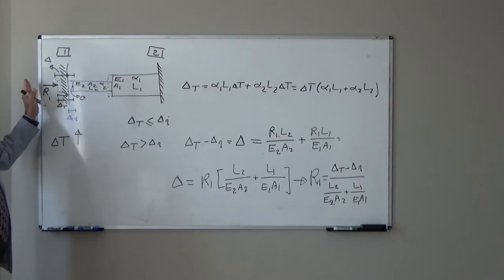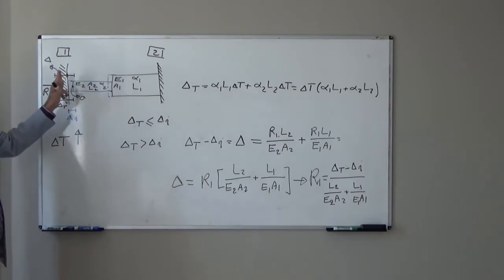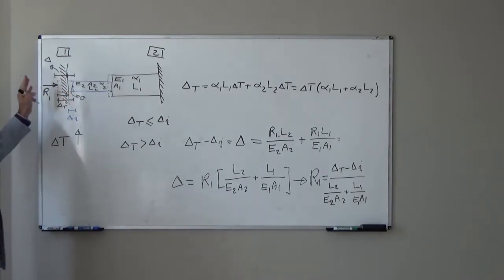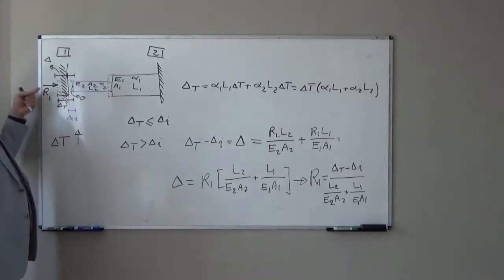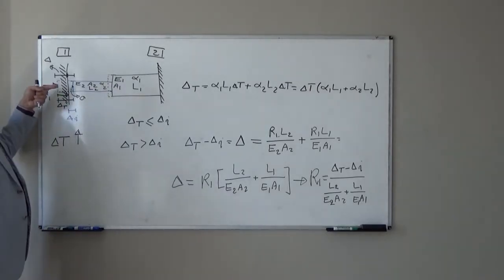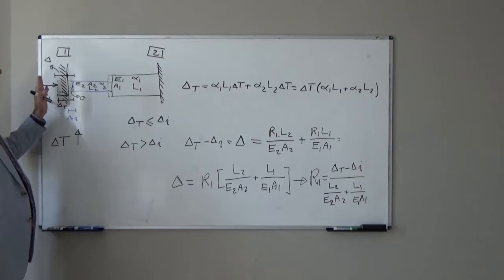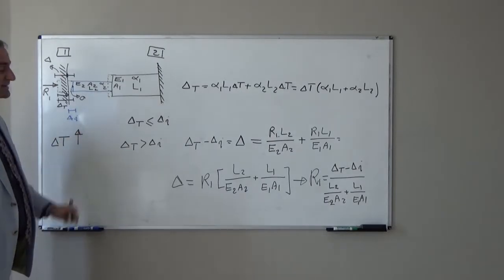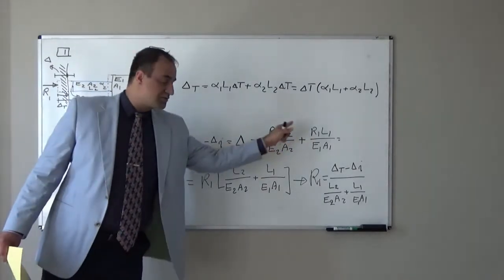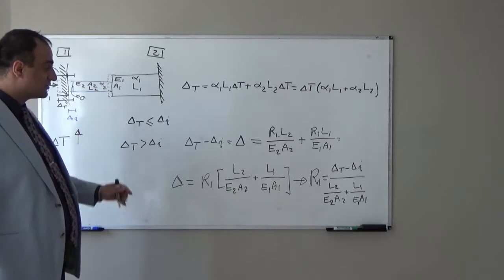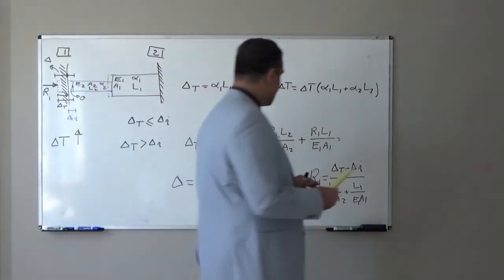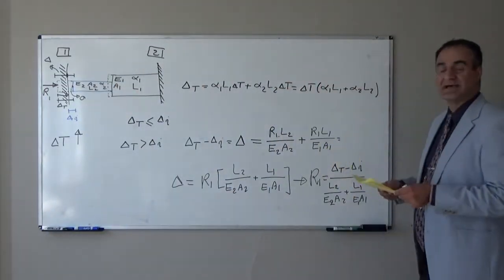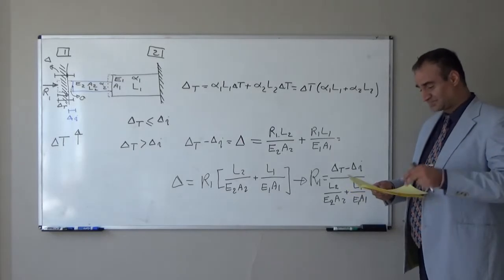If we don't have this R, it will move from right to left as much as delta. Now this R1 will cause equal deformation from left to right, and they will cancel. So we should put equal, and I can find the reaction. This is one sample problem.